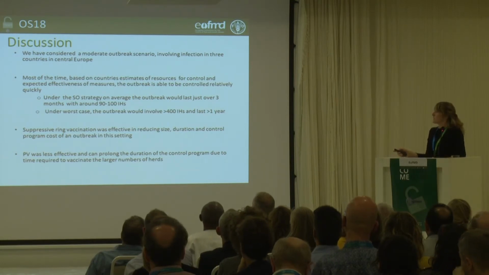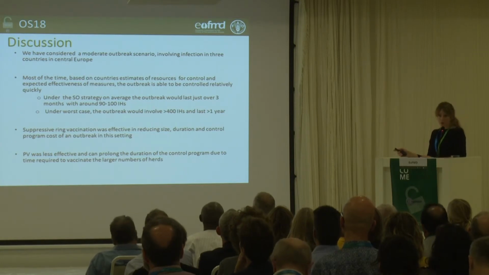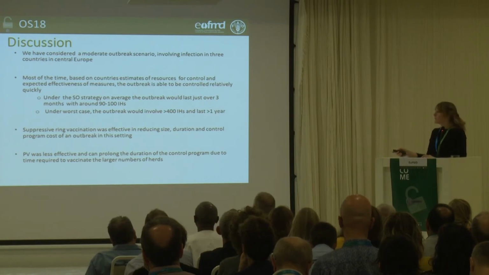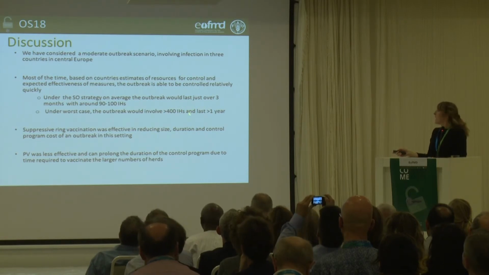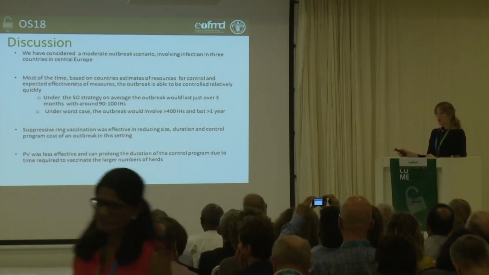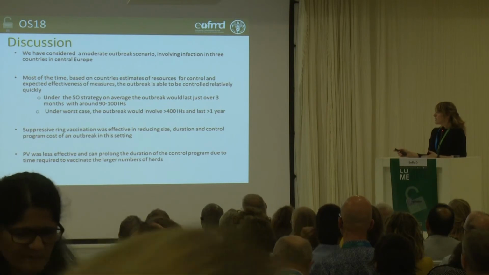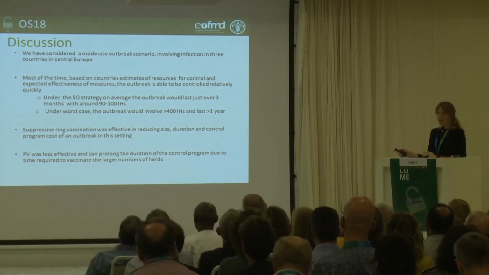So using just stamping out, on average, the outbreak would last just over 3 months, with around 90 to 100 infected holdings. And under the worst case scenario, we would have more than 400 infected holdings and it would last more than 1 year. Suppressive ring vaccination was effective in reducing the size, the duration, and the control program costs of the outbreak in this particular setting.